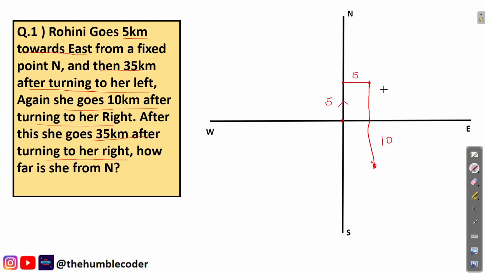Otherwise, if you have created your 10 kilometers line up till here only, then you might get confused while finding out the answers, right? Because this doesn't seem appealing, or this doesn't make much sense, because 5 kilometers is also this much and 10 kilometers is also this much. So I hope now you have got what I'm trying to explain.